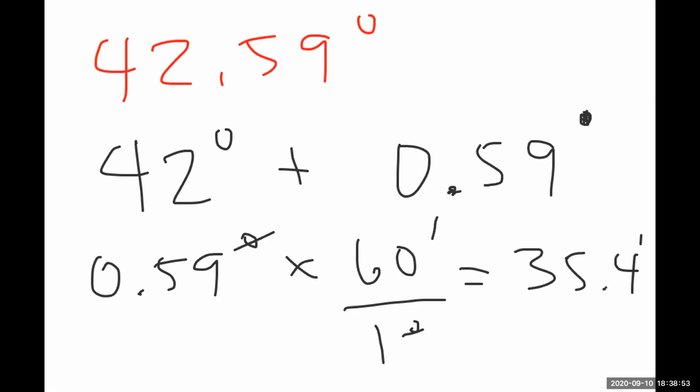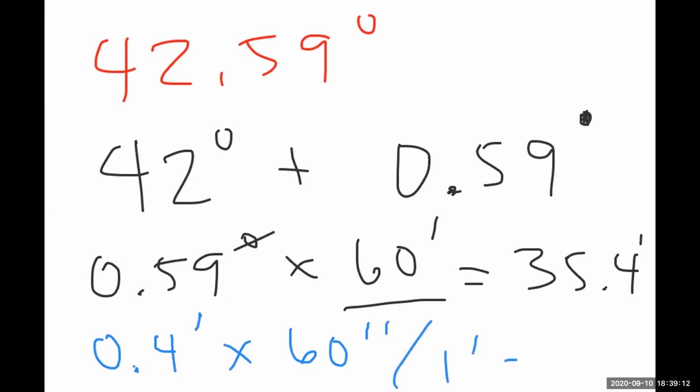So let's do a different color. I have 0.4 minutes times 60 seconds per 1 minute equals 24 seconds.